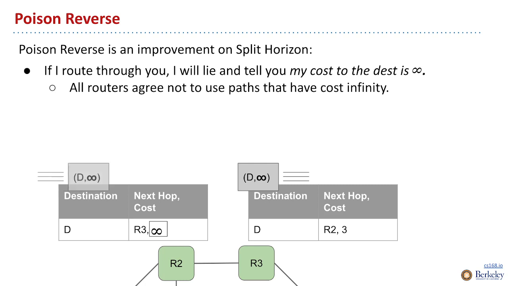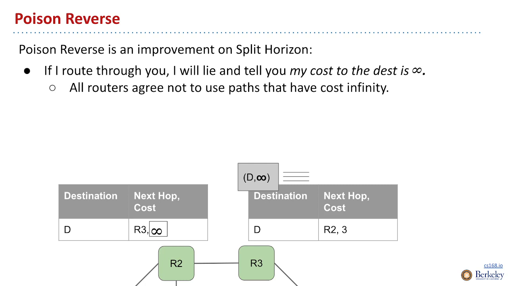You might wonder, well, why is R2 going to accept a path with cost infinity when it has an entry with a cost of 2? Well, it's because that update is coming from R3, which is R2's next hop. Right? So as soon as your neighbor, through whom you have a path, tells you their cost has gone up, you have to accept that because that's newer information, and what you have is outdated. And so that gets set to infinity.